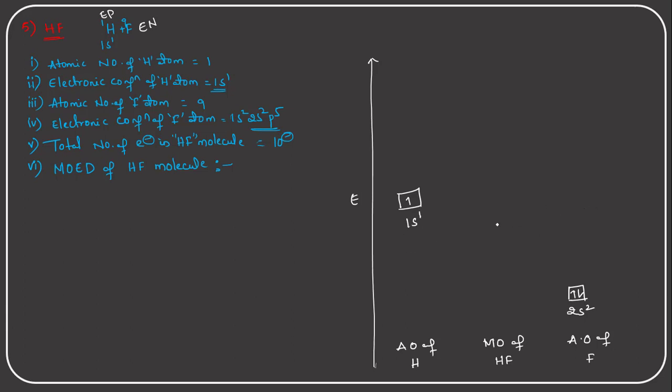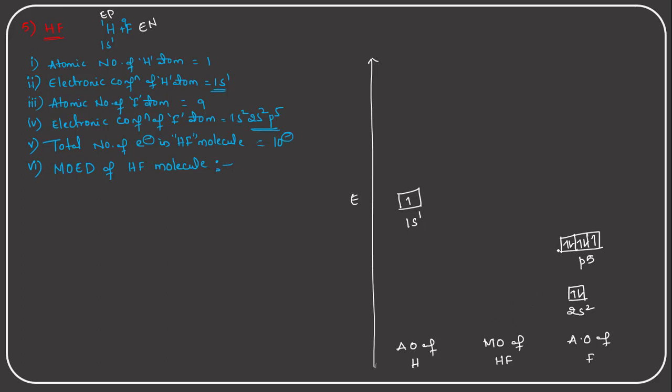And the 2p orbitals of the fluorine atom are somewhere here. The 2p orbitals have 5 electrons. In the px there are 2 electrons, in the py there are 2 electrons, and in the pz only one unpaired electron is there. Now the atomic orbital merging will take place. The 2s orbitals are not involved in the bond formation at all, and they remain as non-bonding electrons.